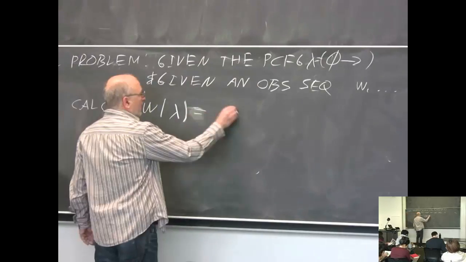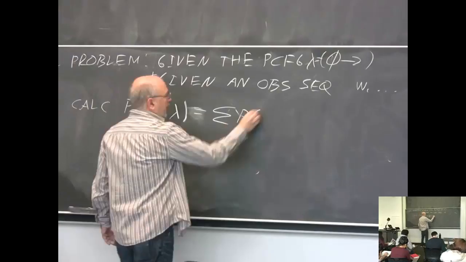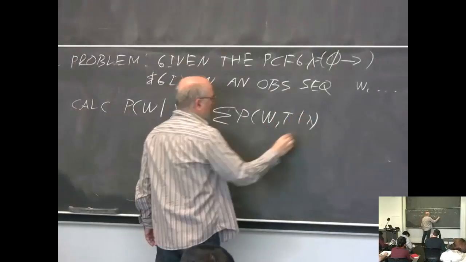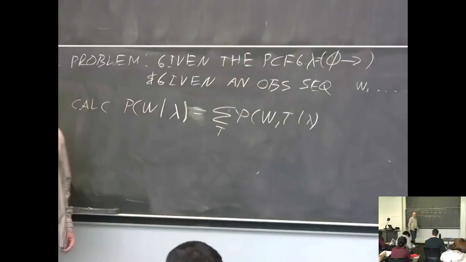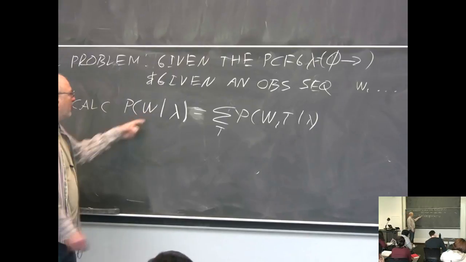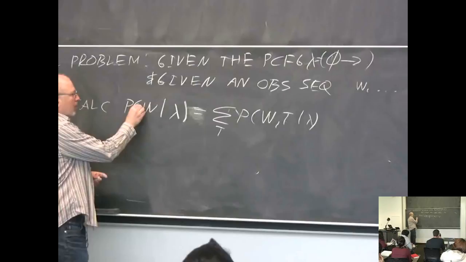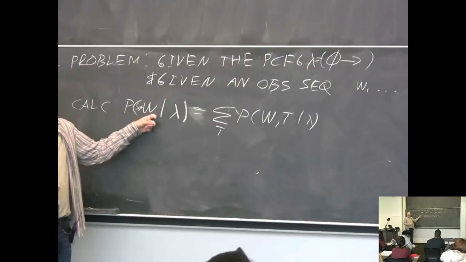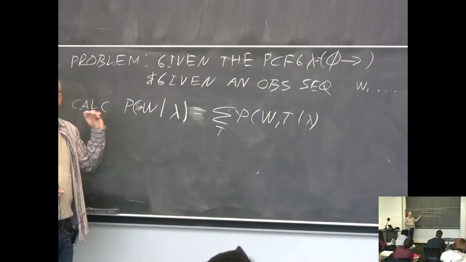You could write this as the sum over T of P of W and T given the model. But here we have a constraint that whatever model you have, you have to start from S on the first stage. It's implied that this came from S, that starting with the symbol S, you ended up with this. You always start with the symbol S.